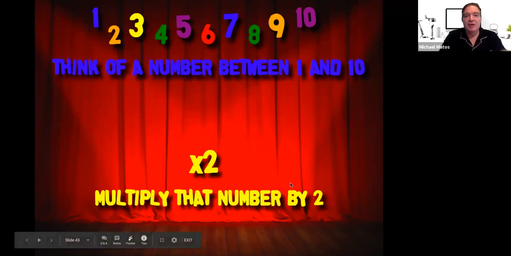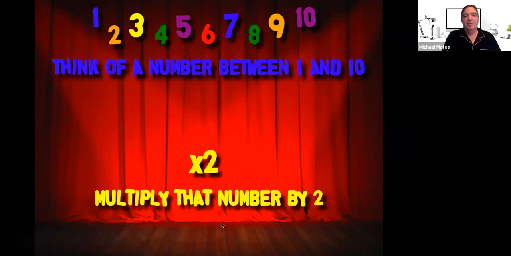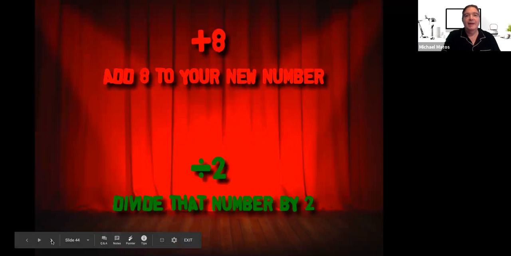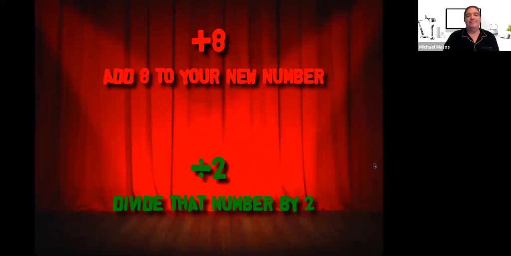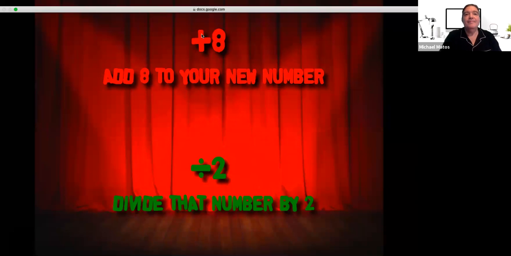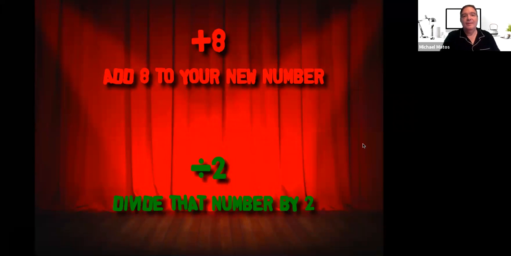Okay, so now you should have a new number. You started with a number from 1 to 10, and you multiplied that number by 2. Let's keep going. Now I want you to add 8 to that number. Okay, so now you have a new number that you added 8 to.